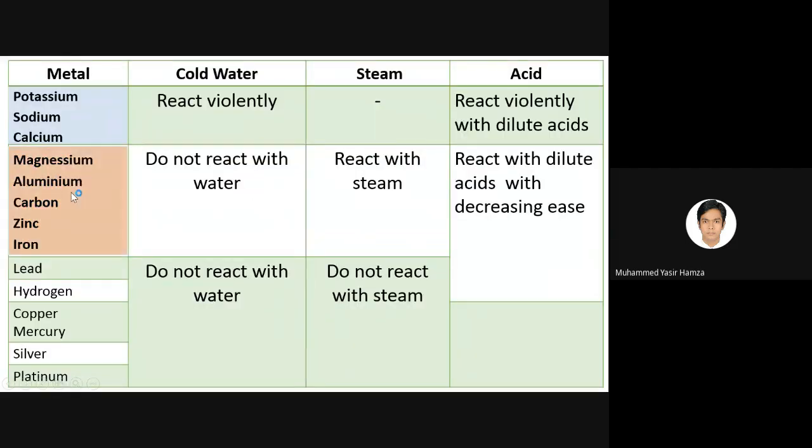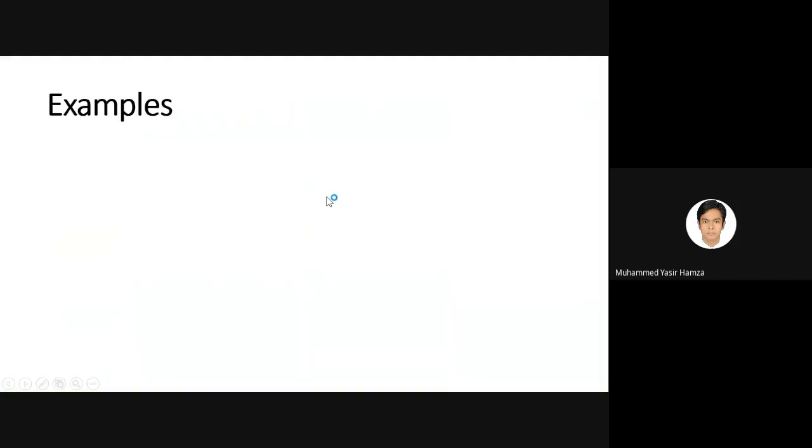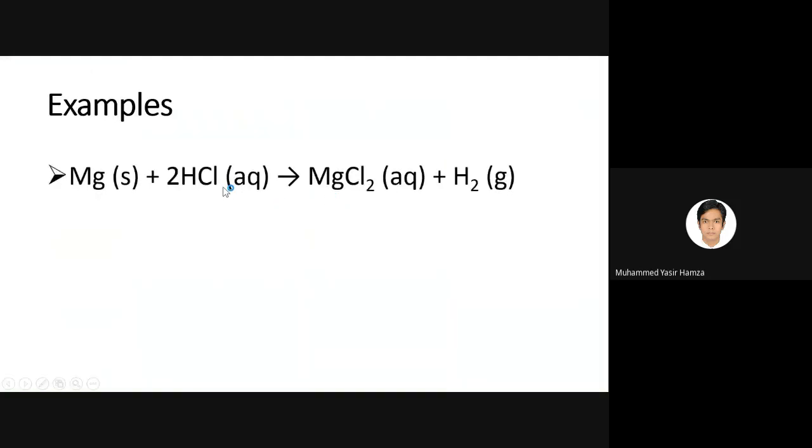Let's move to the middle section of the reactivity series. Again, they will react with dilute acids, but with decreasing ease. Why with decreasing ease? I'm going to take this question with the answer. As you can see, magnesium and hydrochloric acid. Have you observed how magnesium chloride is forming?